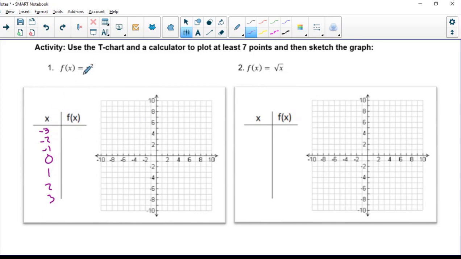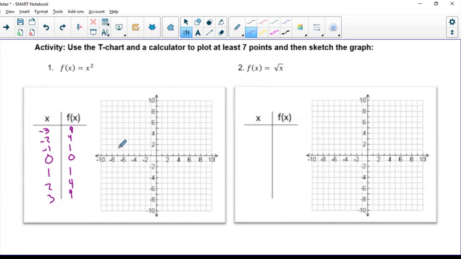So just running these through the function f of x equals x squared: -3 squared, -3 times -3 is +9. -2 squared is +4, -1 squared is +1, 0 times 0 is just 0, 1 squared is 1, 2 squared is 4, 3 squared is 9.